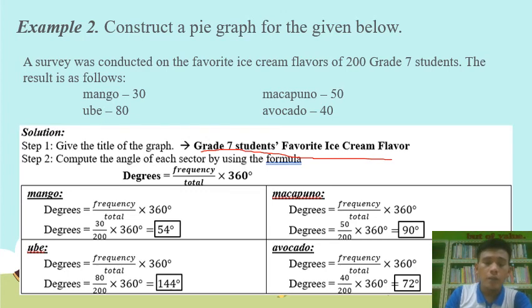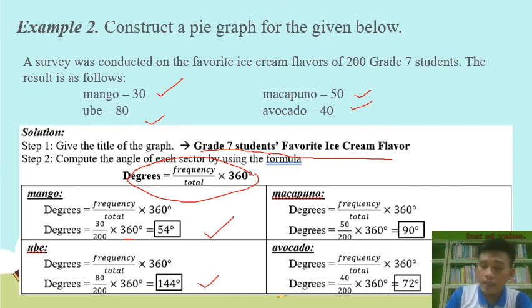Step 2, compute the angles or the degrees for each frequency. That will be 30, 80, 50, 40. So, for mango, which is 30 divided by the total of 200 times 360 degrees, that will be 54 degrees. For ube, 80 divided by the total of 200 times 360, that is 144.